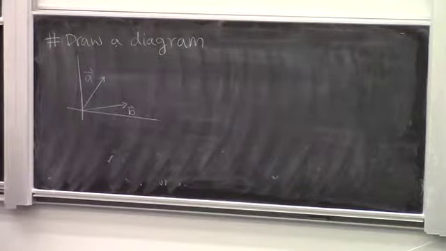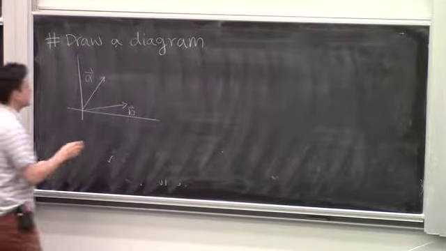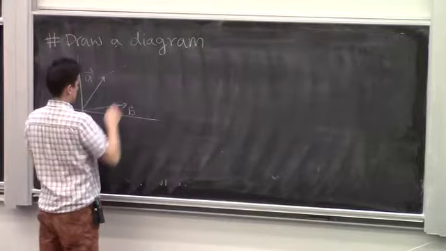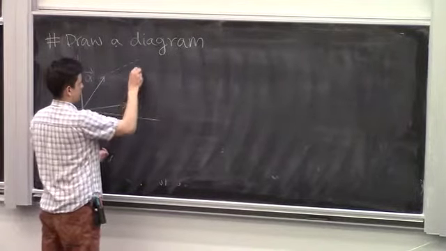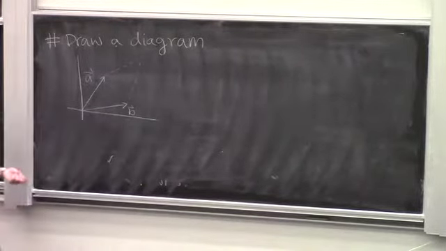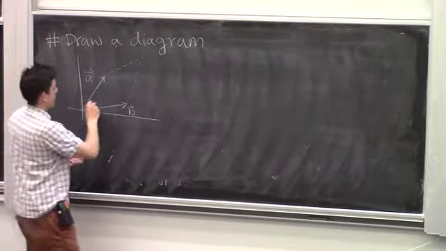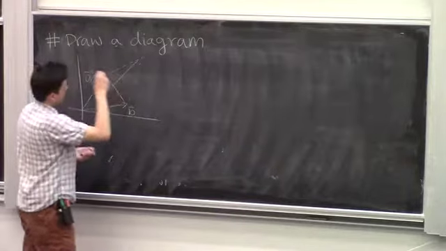Now we span this parallelogram generated by these two, and the statement is that the diagonals of this are at right angles.